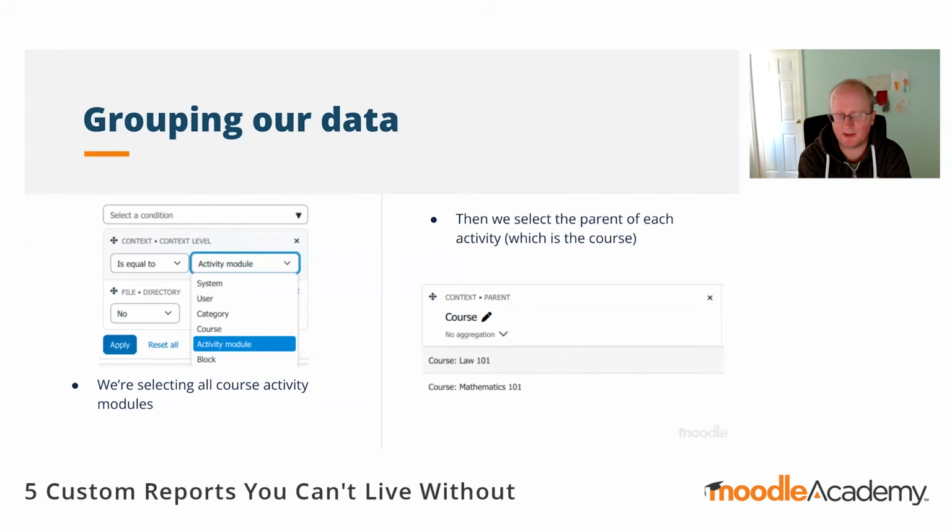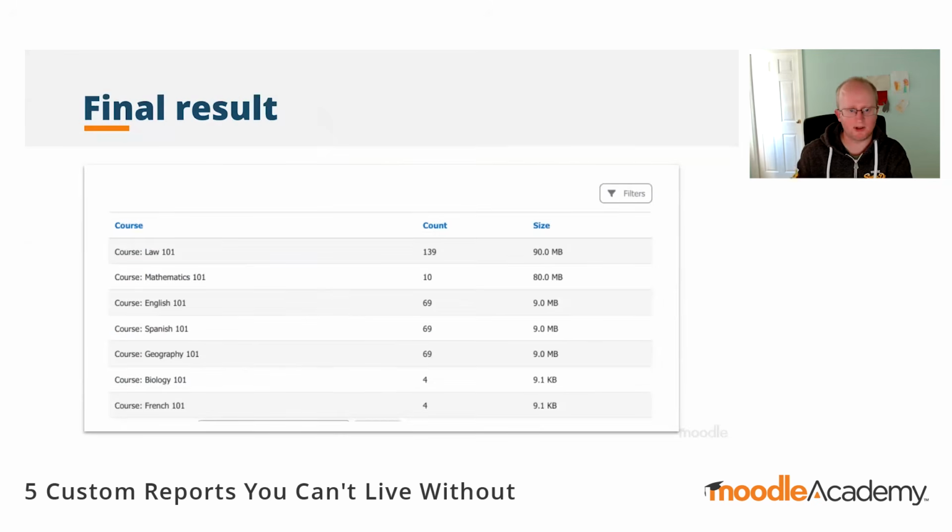And that's how we get Law 101 there as the course, and it's counted. How many files is it counted? 139 files of 90 megabytes cumulative size. That's how it displays the course.